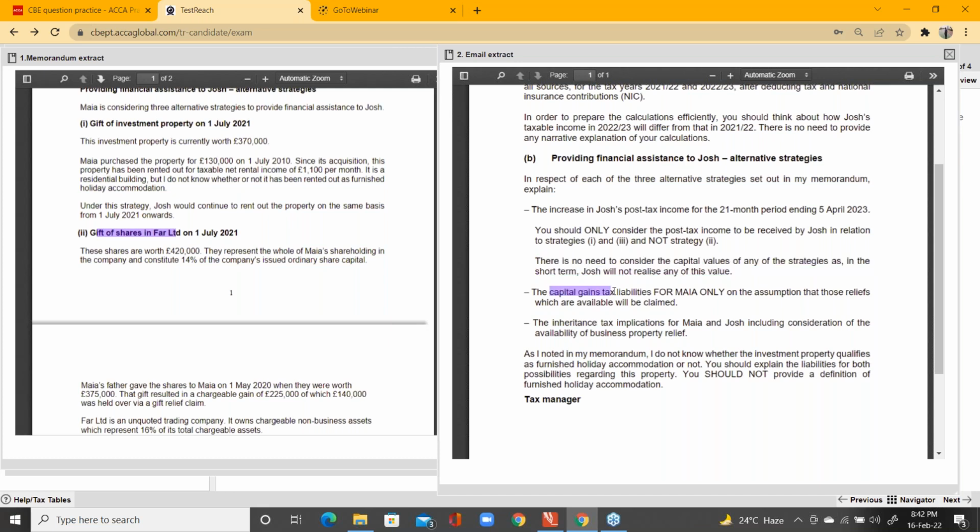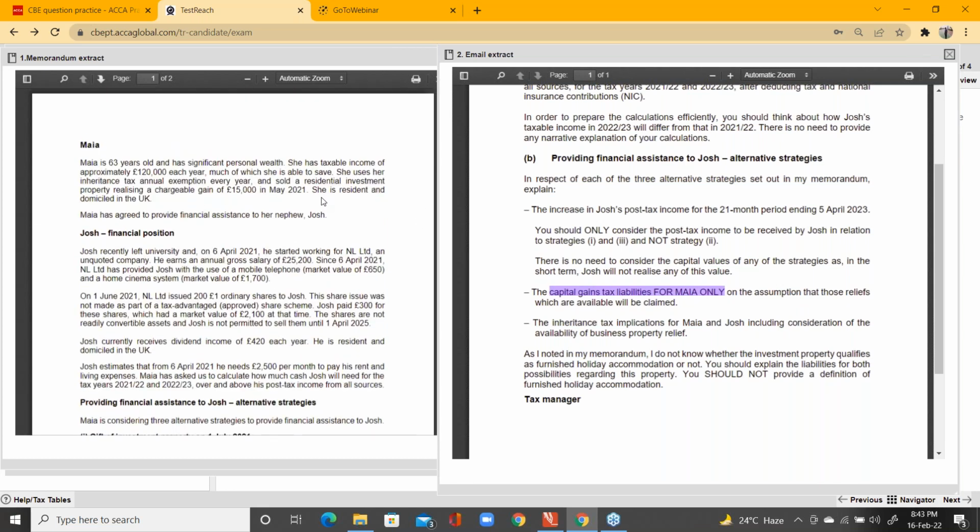Then the capital gains tax liabilities for Maya only. It is also made clear over here that no need to calculate any CGT for J because he is not going to dispose of any asset. It means all of the capital gains tax liabilities will be calculated for Maya only, on the assumption that those reliefs which are available will be claimed. And one more important thing: Maya is a high rate taxpayer and also uses her annual exemption.